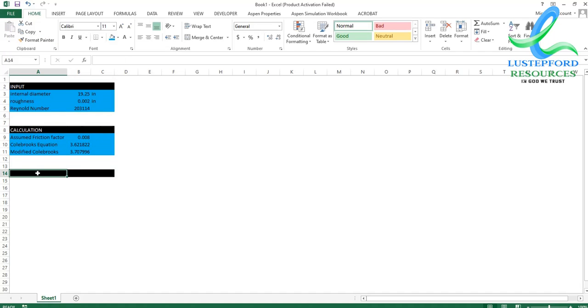Then here should be the result. Let me make it all capital: RESULT. Now the result should be the difference, because that is what they wanted us to calculate, the difference between this and this.